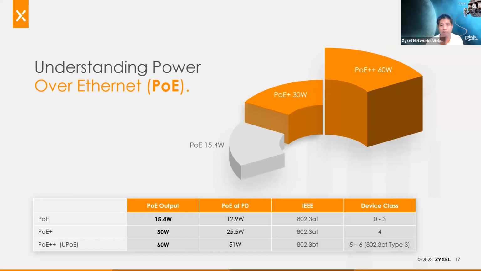And of course, the power classification has progressed through the years as well. We were at 15.4 watts. We moved into the current 30 watt space, which still, I think, is the dominant PoE power option today. But we're starting to move and see the PoE++, the Ultra PoE 802.3bt with a 60-watt power capacity on these devices and on that draw.